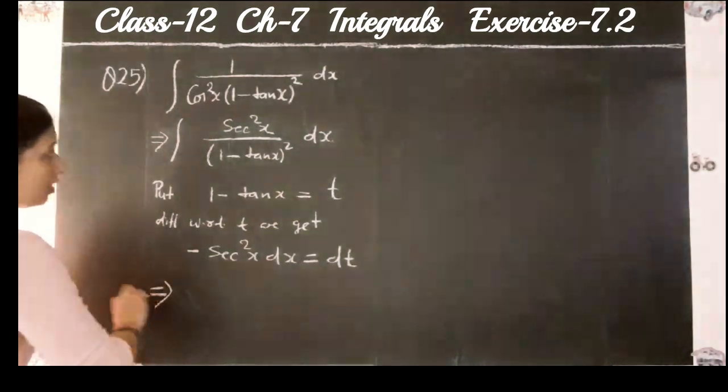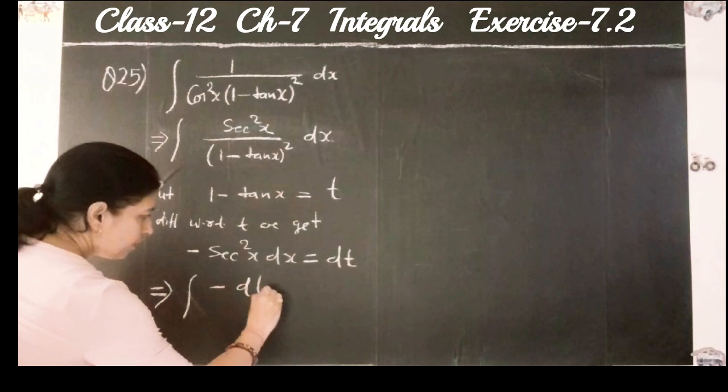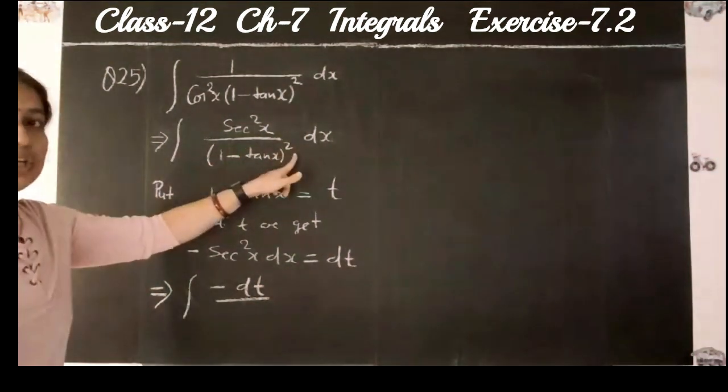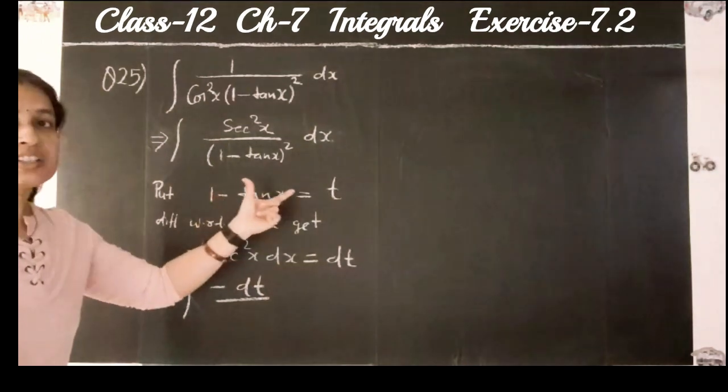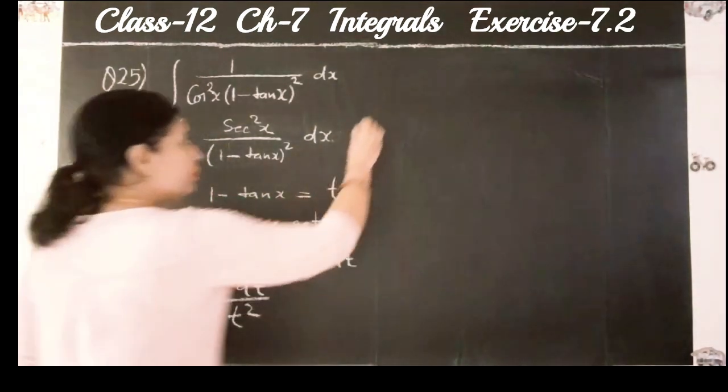So we can write minus dt by, this one is 1 minus tan x whole square and 1 minus tan x is equal to t. So it will be t square.